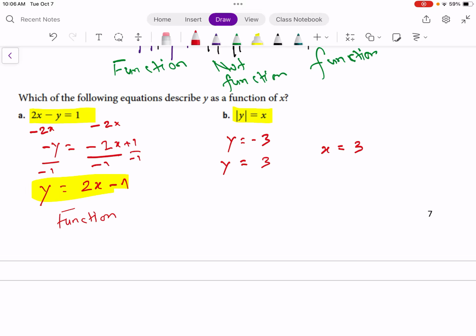But when our x is 3, it has two different values of y. Because of this, the equation does not describe a function. So every value of x must give exactly one value of y; if that is the case, then the equation is a function. If one value of x gives more than one value of y, then that is not a function.